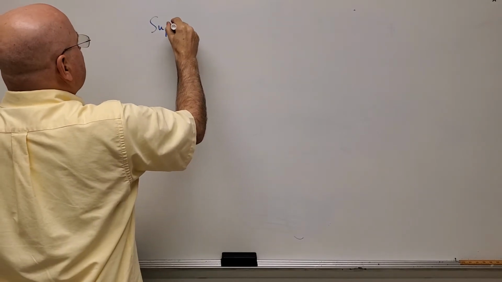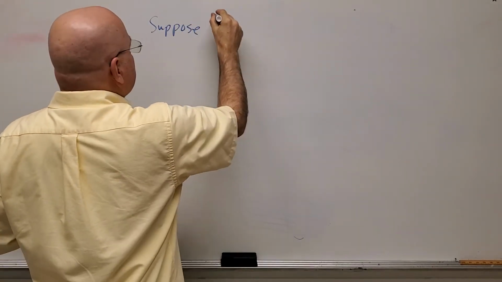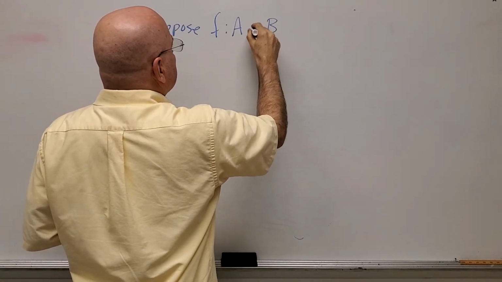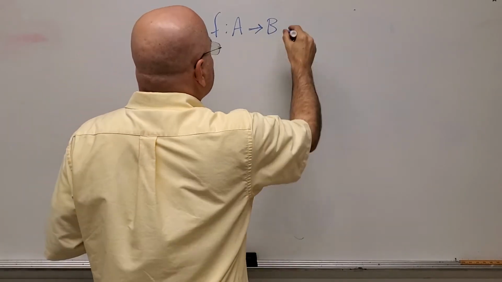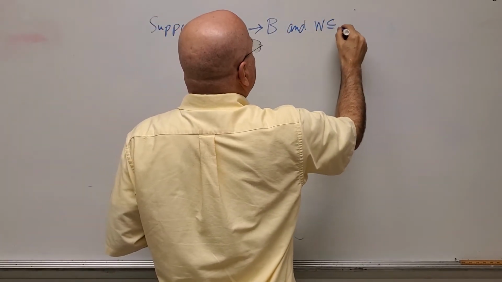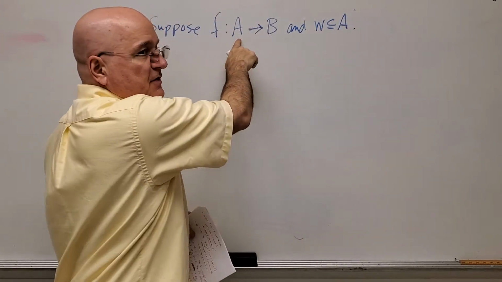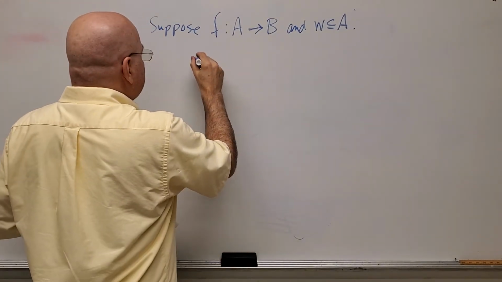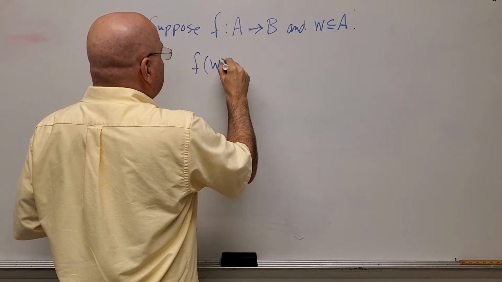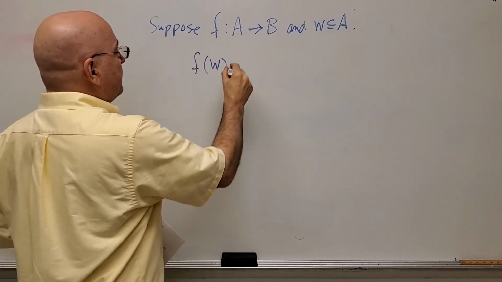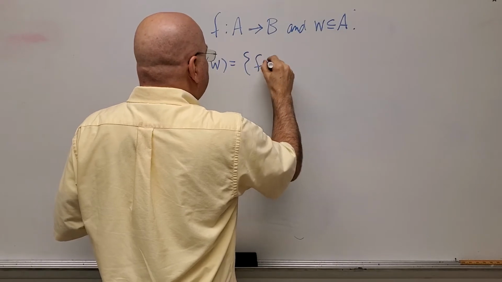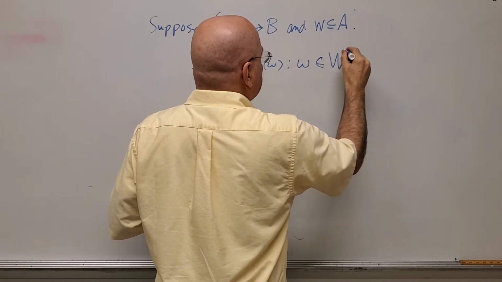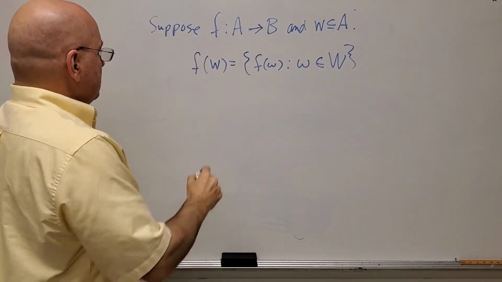Okay, well, let's suppose that a function f maps A into B. And some set W is a subset of the domain A. Well, this set f of W, remember W is a subset of A, is the set of all f of little w such that w is in big W. So it may look something like this.